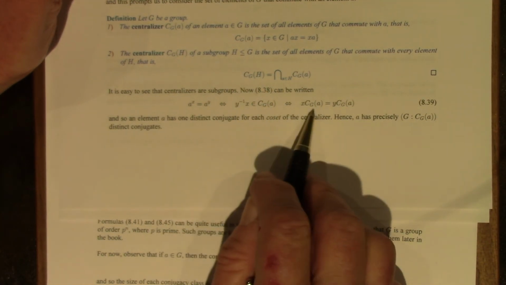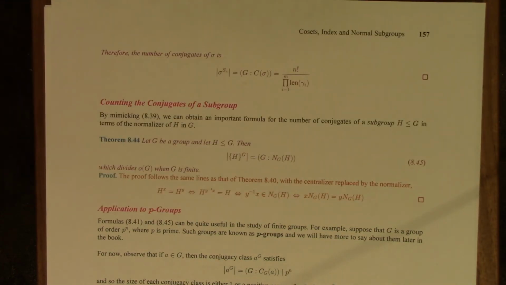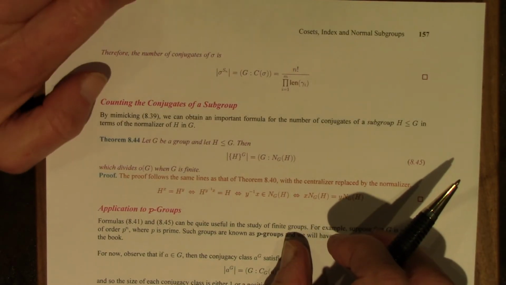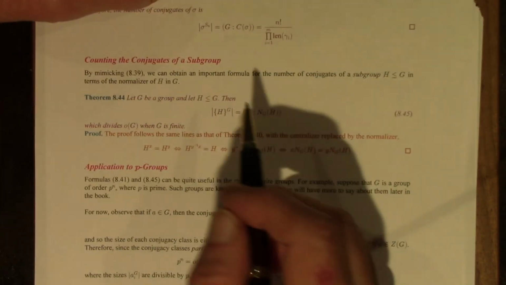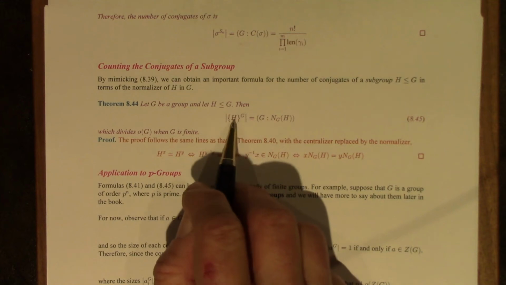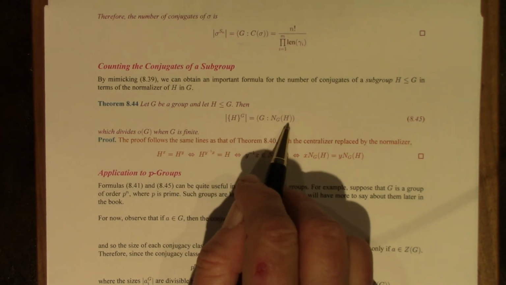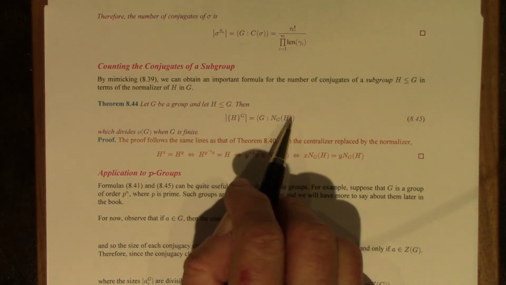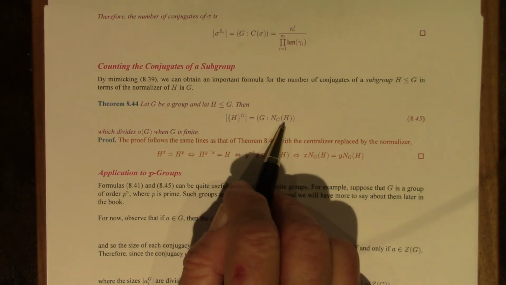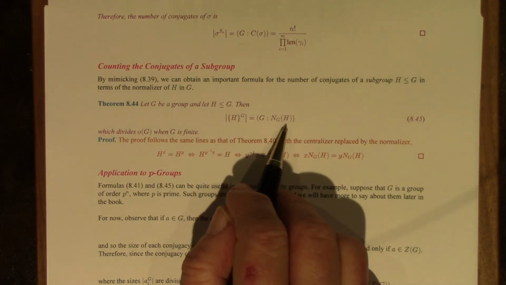And this was the starting point for our analysis. So we can redo this, not for elements a, but for subgroups H. So we first need the definition that corresponds to the centralizer of an element, and it is the normalizer of a subgroup. Those are the elements that normalize H. In other words, they fix H under conjugation.